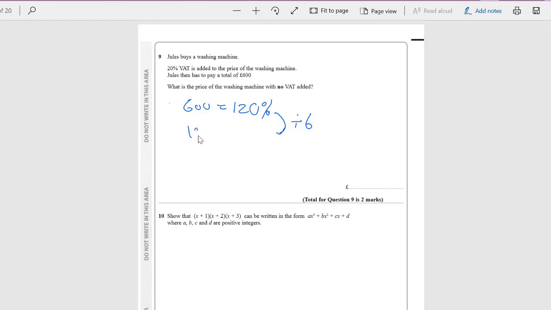If we divide by 6, we get 100, and that equals 20%. And then to get from 20% to 100%, we times by 5. So we get 100% here, and if we times by 5, we get 500. So that means that without the VAT, the price is £500.